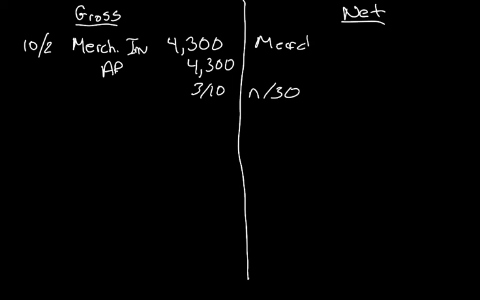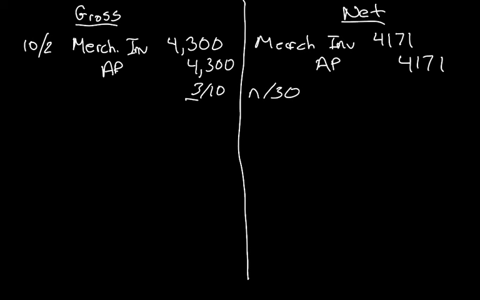So that merchandise inventory account is going to be for a debit of $4,171, and the accounts payable account is going to be a credit of $4,171, because we're going to take out that 3% up top for the net.